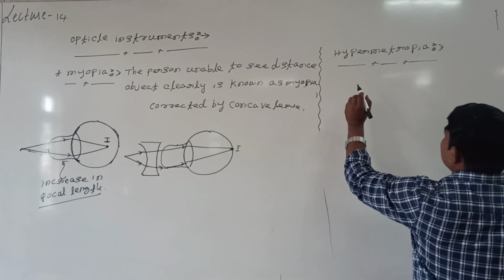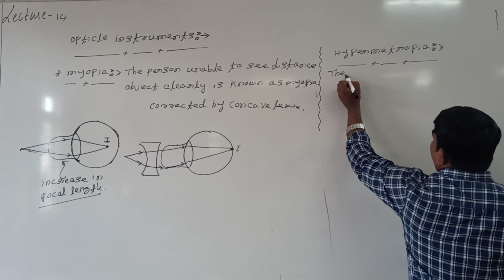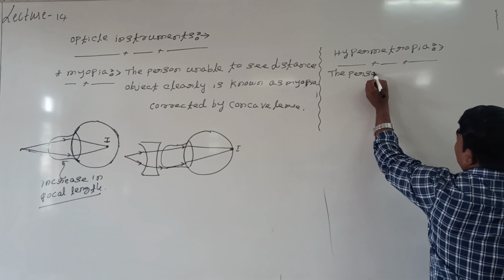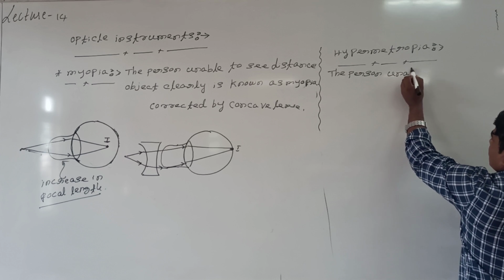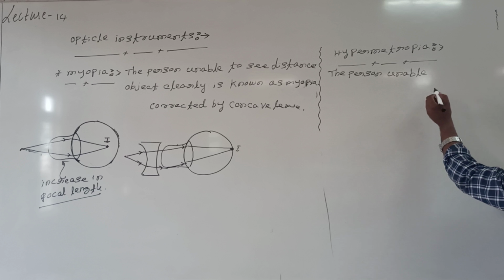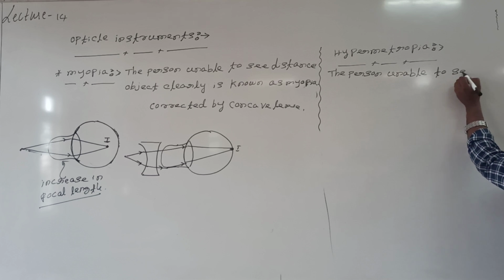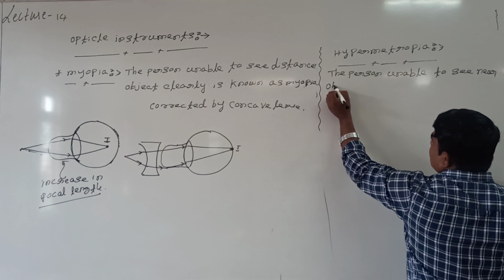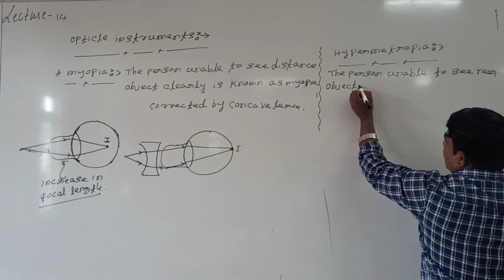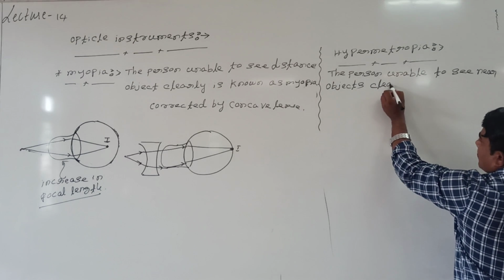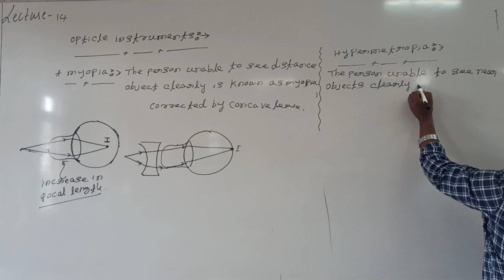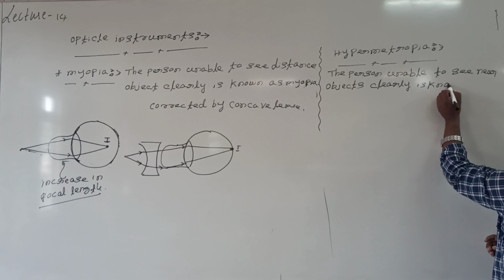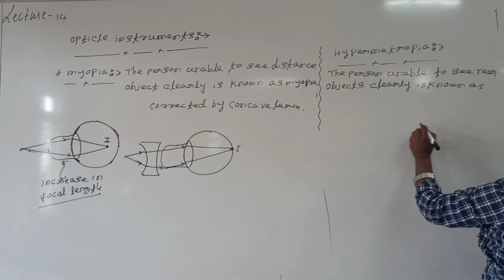The person unable to see near objects clearly is known as hypermetropia.